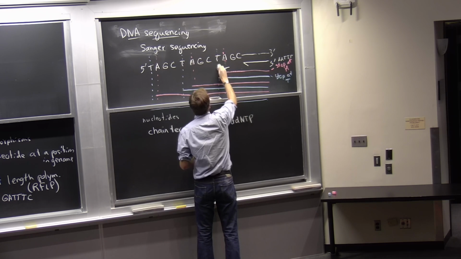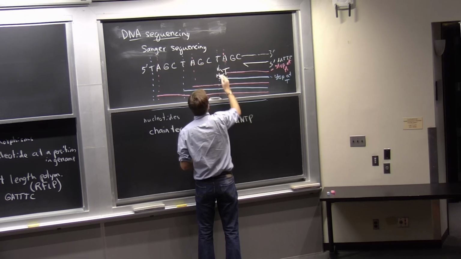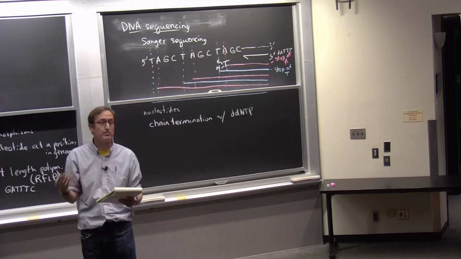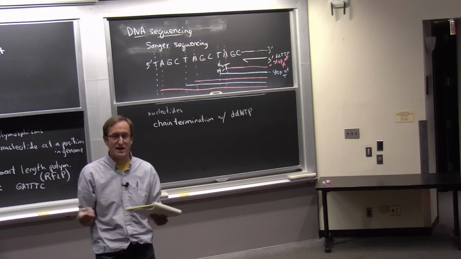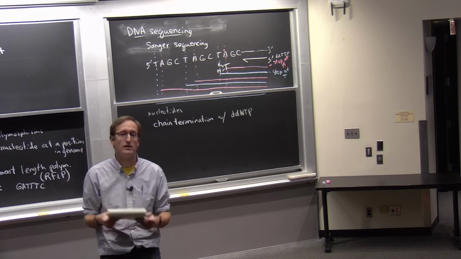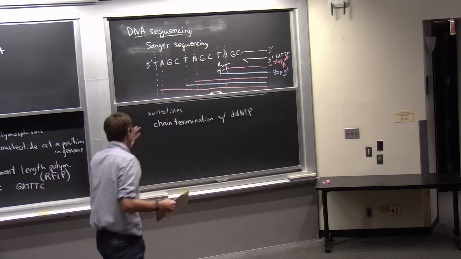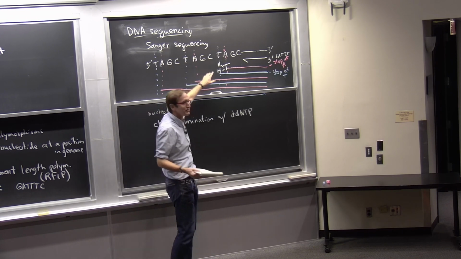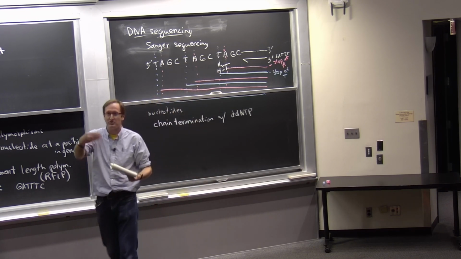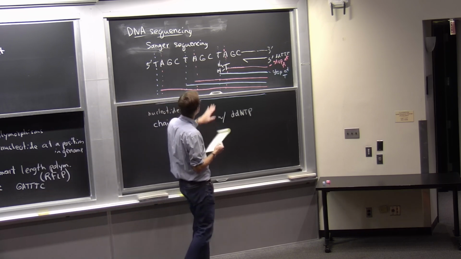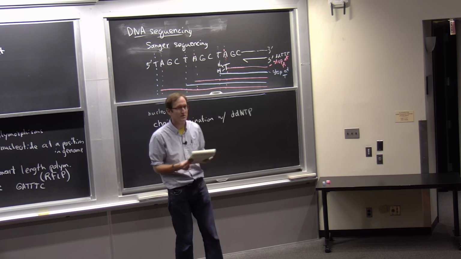And if this is a dideoxy nucleoside triphosphate, then there won't be a 3' hydroxyl, and DNA polymerase will just be like, oh, I can't go on, because it's not going to have a 3' hydroxyl, so it's not going to be able to continue with the next nucleotide. So this is known as chain termination.